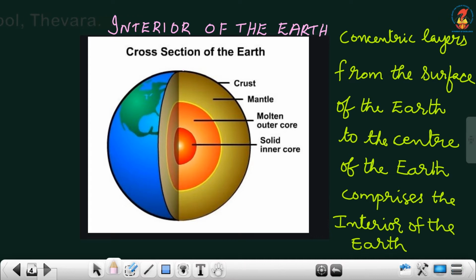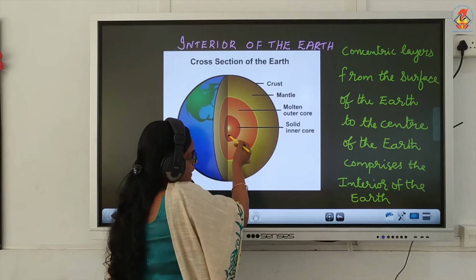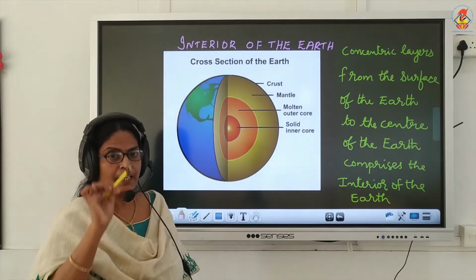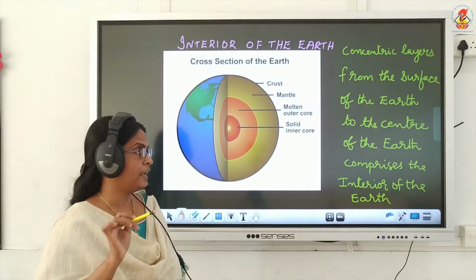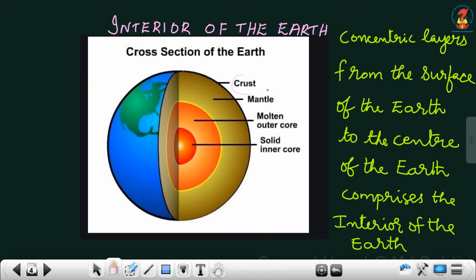The first layer, the outermost layer, is called the crust, and this is the thinnest layer of all.